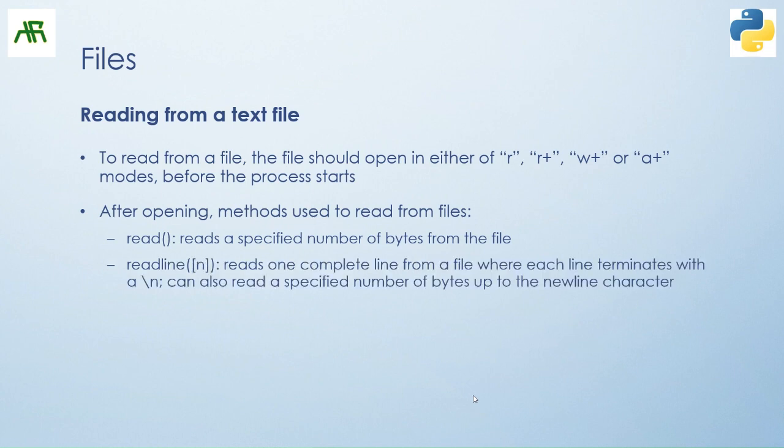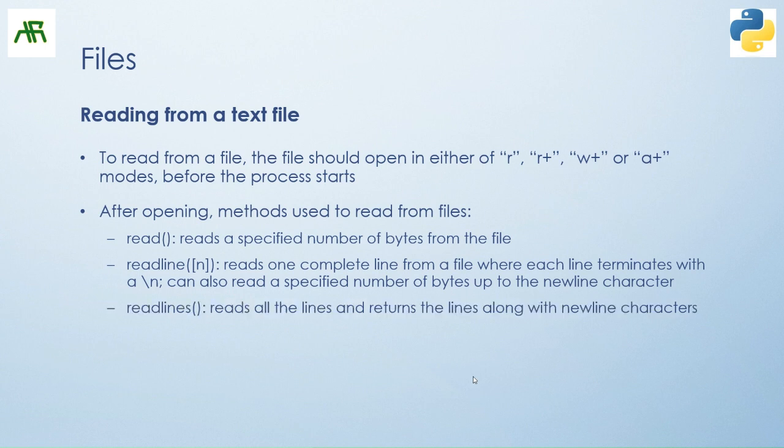Readline n reads one complete line from the file, where each line terminates with the end of line character \n, and it can also read a specified number of bytes up to the newline character. The n is optional, but by default it reads one line till the end of line character. And readlines can read all the lines and returns the lines along with the newline character. It basically returns whatever is there in the file.